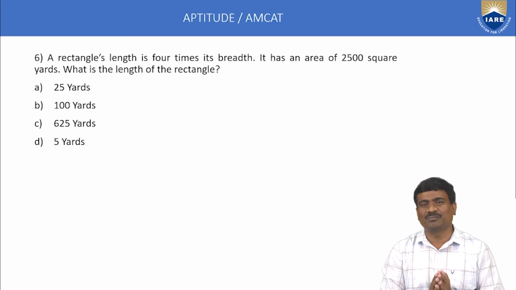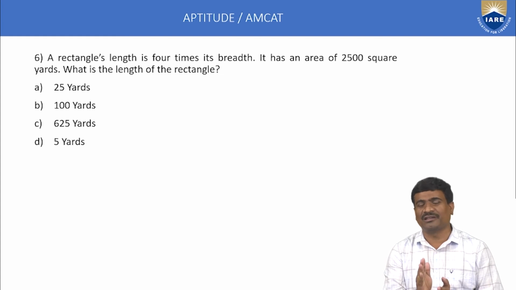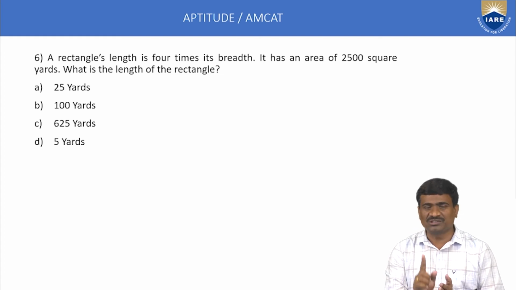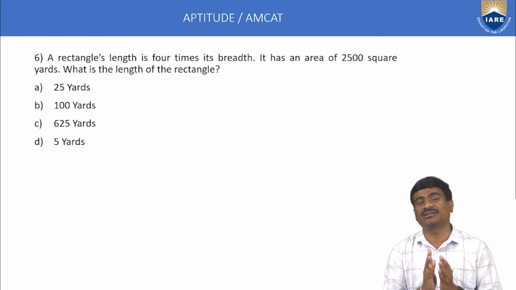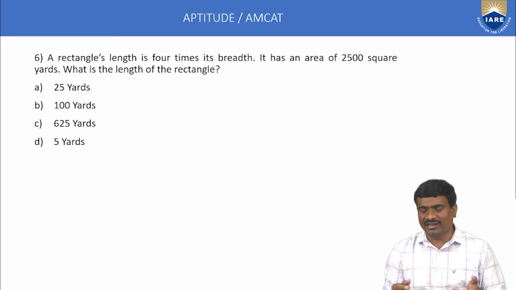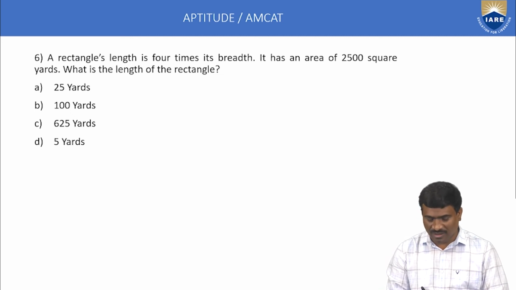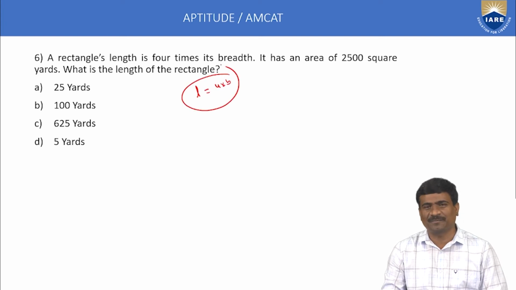But in this example, the rectangle condition: area of a rectangle is equal to length into breadth. Using that condition, calculate the length and breadth values. Area of a rectangle is equal to L into B, but length is equal to 4 times breadth, so L is equal to 4B.